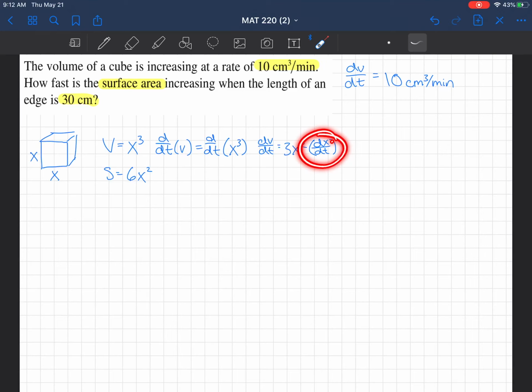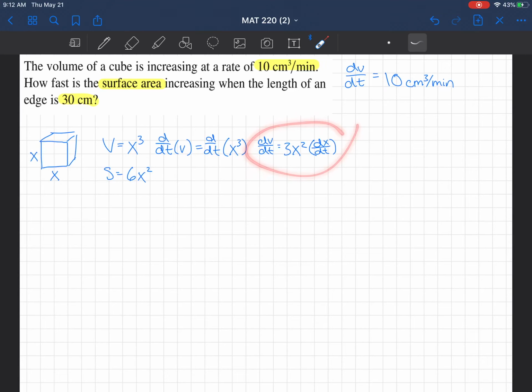You might notice here that we now have this dx/dt, and we were not given dx/dt, we were only given dV/dt. The same thing would happen if we took the derivative of this bottom function first. We would still have that x value, which would result in that dx/dt, and we're not given that.